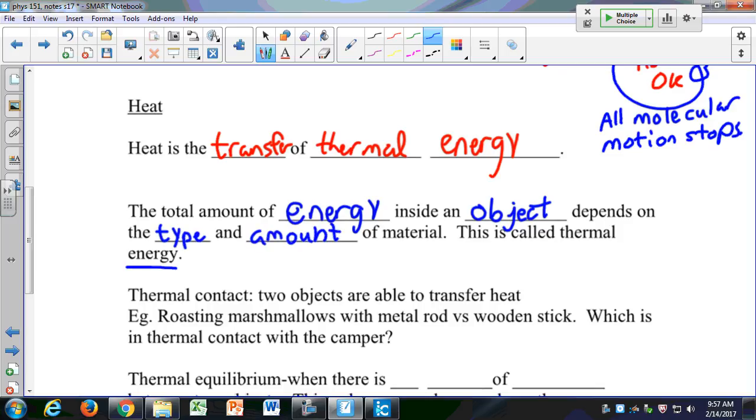And this is called thermal energy. The thermal energy is also related to the temperature. If I have an object that has a higher temperature, then the materials inside it are going to move around more. So the hotter you get, the more your molecules vibrate and move around. And that's what actually gives us thermal energy.